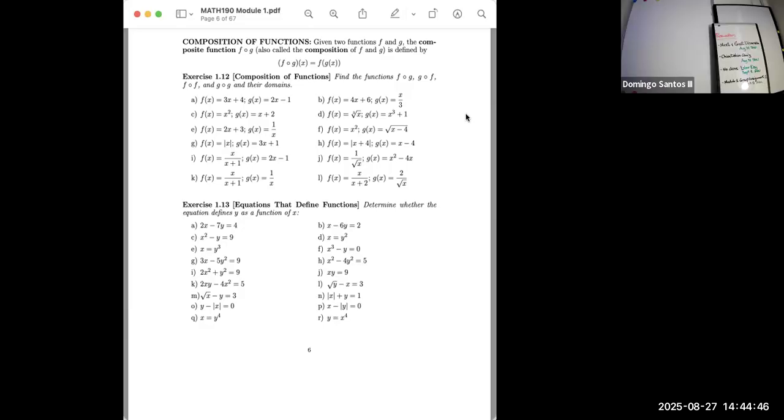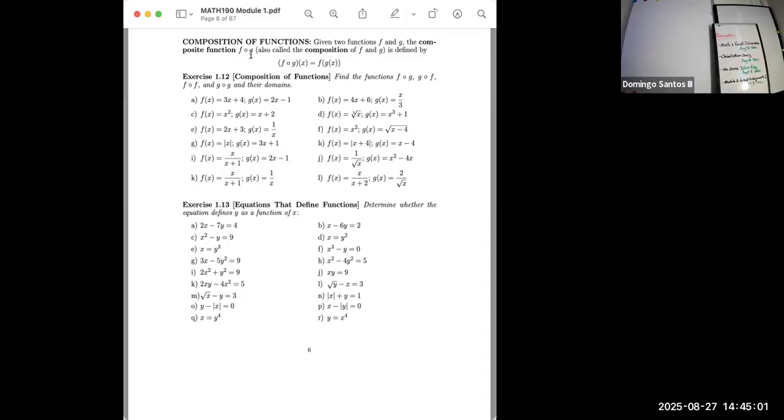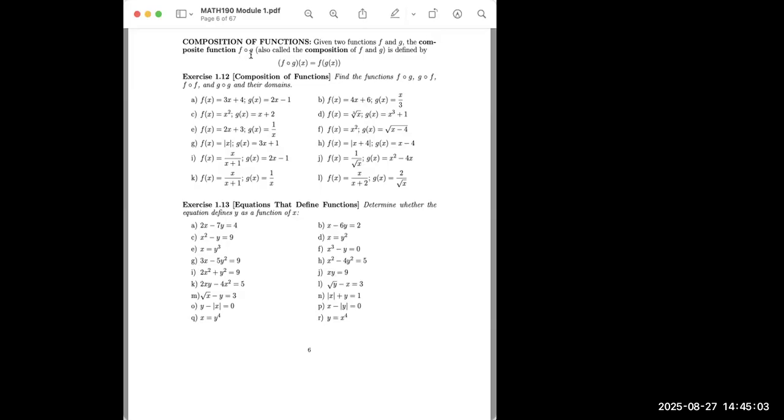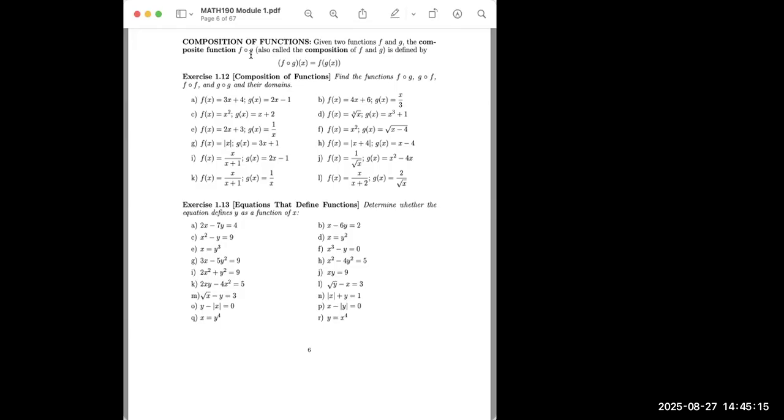I'll just make sure I write your name so I could give you your bonus point. Leonardo, can you read composition of functions? Given two functions f and g, the composite function f circle g, also called the composition of f and g, is defined by f circle g of x equals f of g of x.